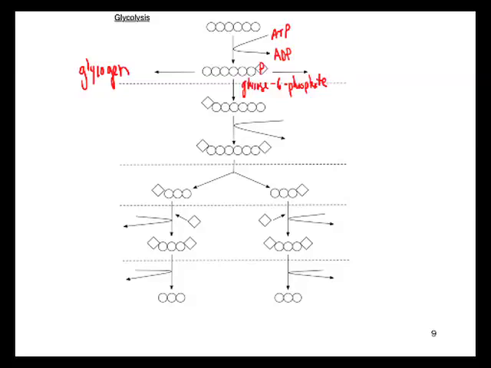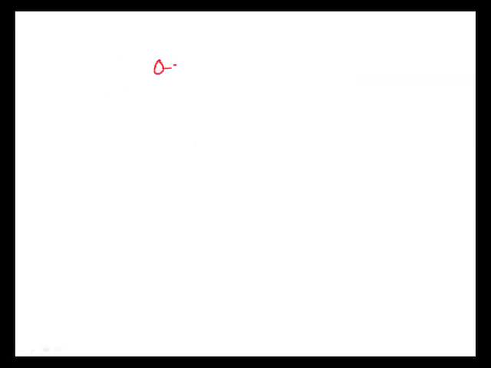How is glycogen different from starch? Anybody remember? Starch is a single chain of multiple glucose molecules. It's just one long chain. Whereas glycogen, so if each circle here represents a glucose molecule, starch is just a long chain.